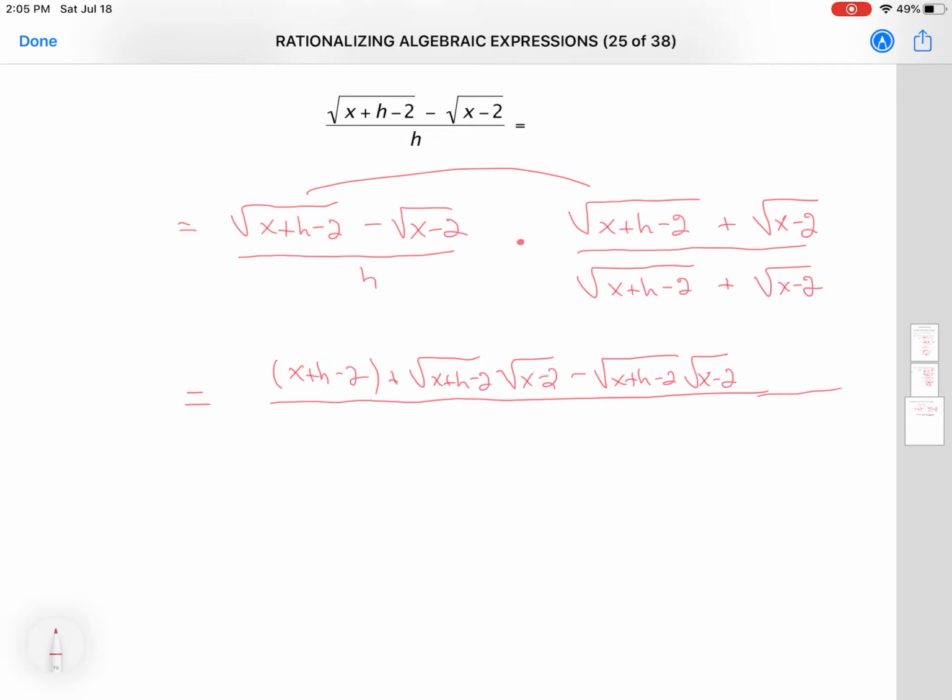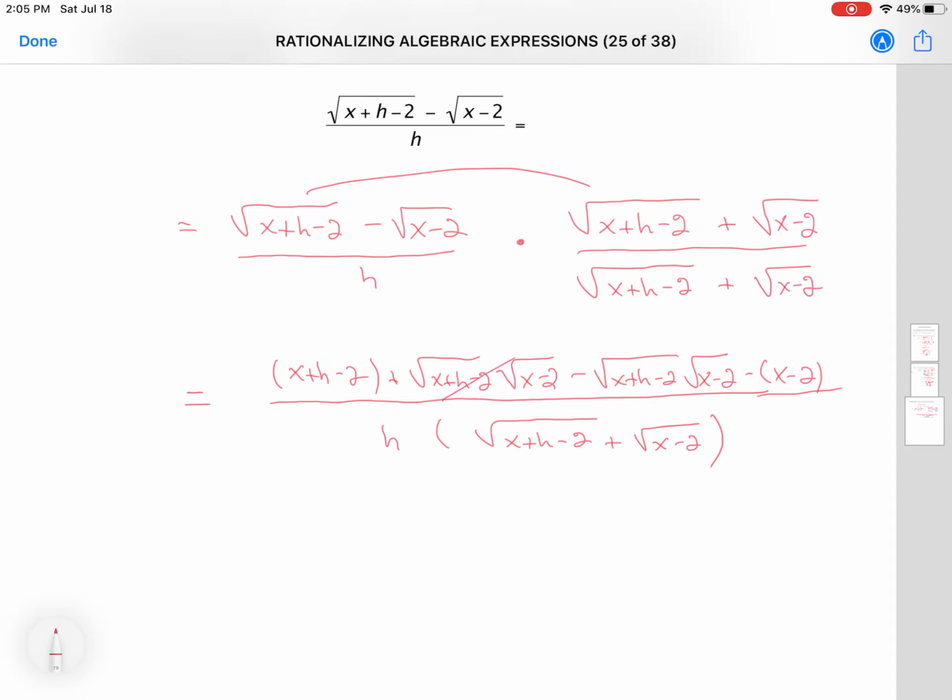These are going to cancel as they usually do. And finally, root of x minus 2 times the root of x minus 2 is x minus 2 with a minus in front of it. And the denominator remains unaltered by our operation in the numerator.